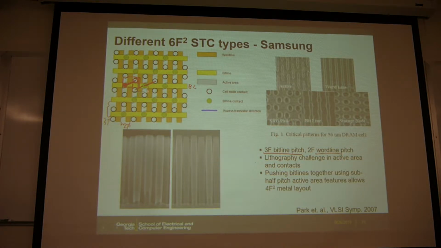Some of the cells may share some contacts. And here are some images of the fabricated chip, under the microscope. This is the top view, and here is the side view to show the stack capacitor standing up.